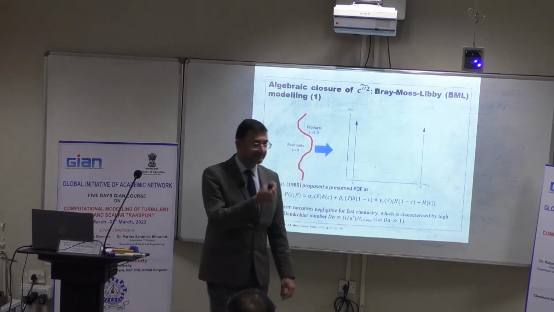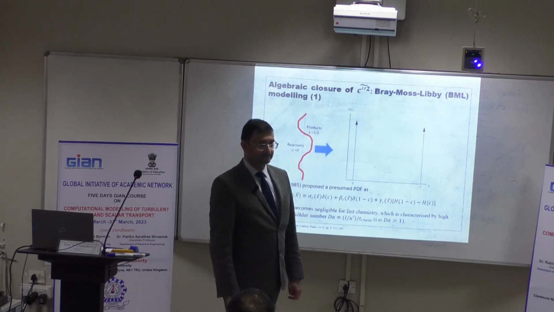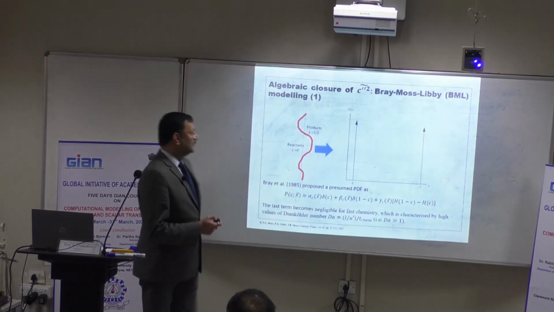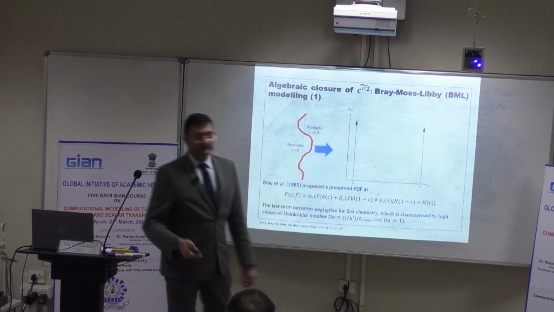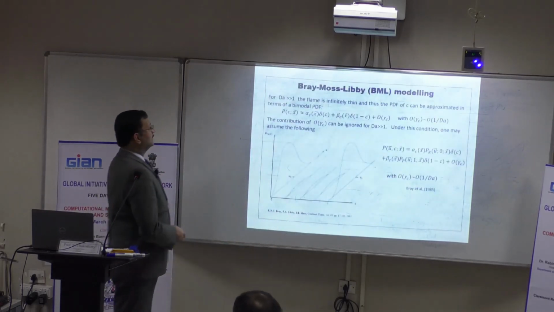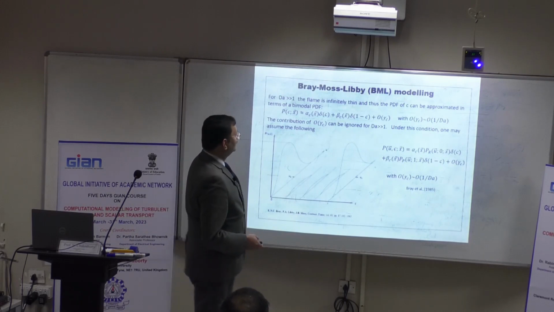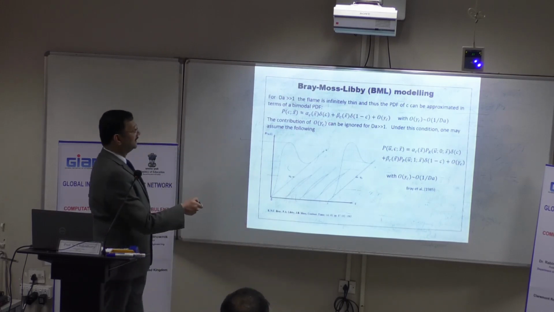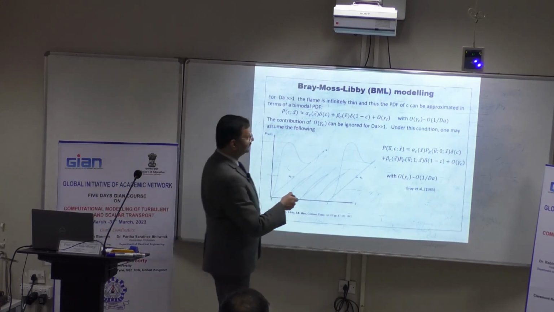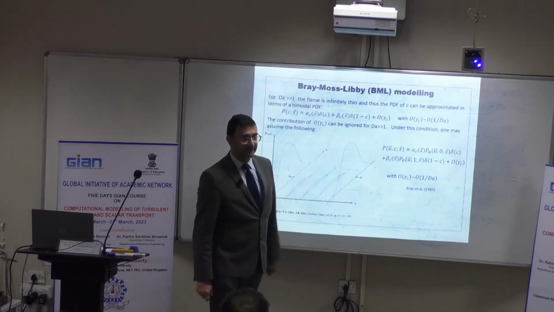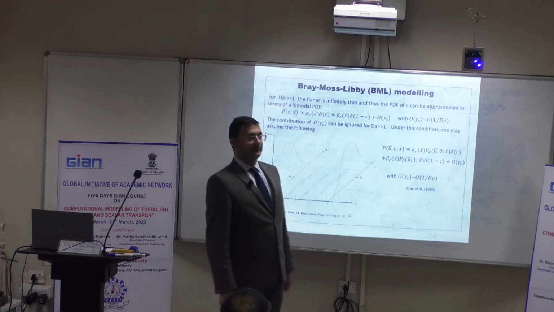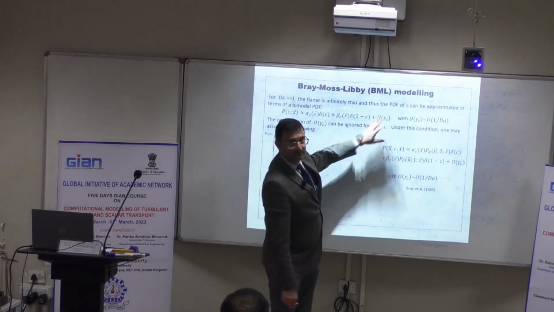Chemical time scale is very small. Okay? So in the context of fast chemistry, this contribution can be neglected. So that's why very often the third contribution is written like this. Varies as 1 over Damköhler. Higher the Damköhler number, lower.